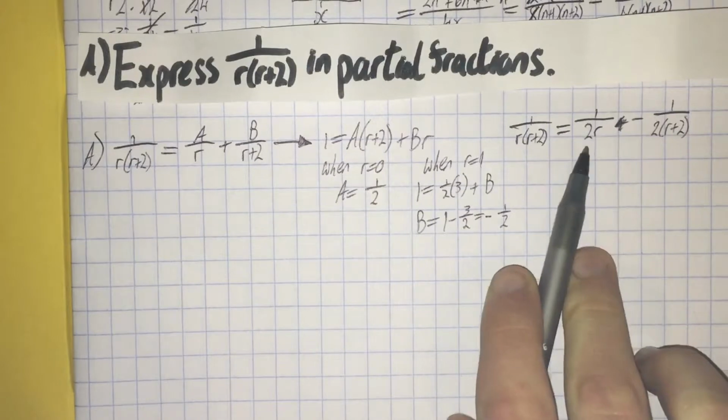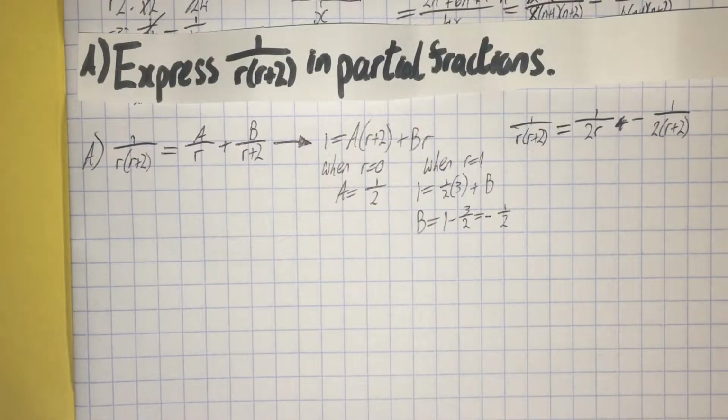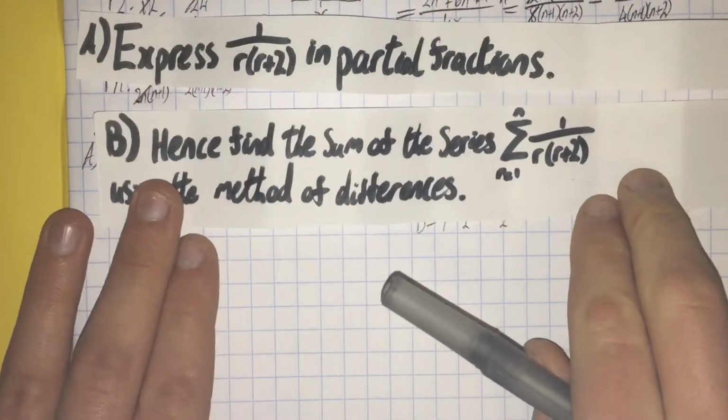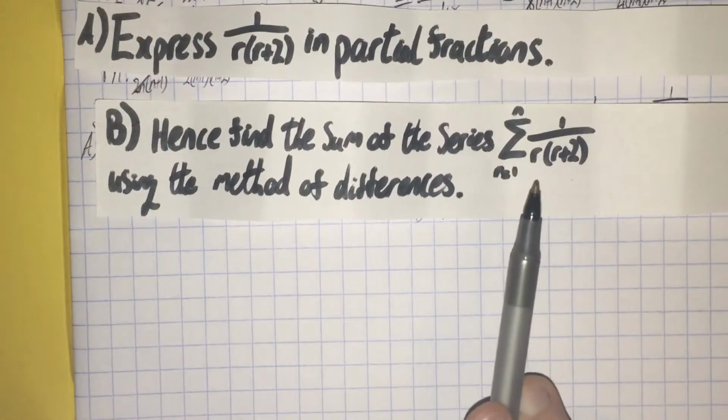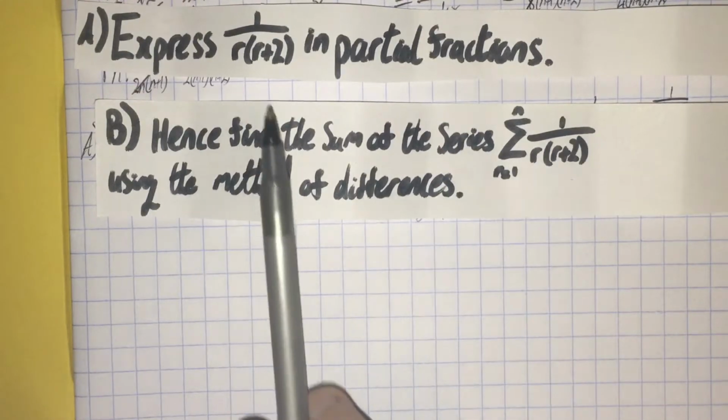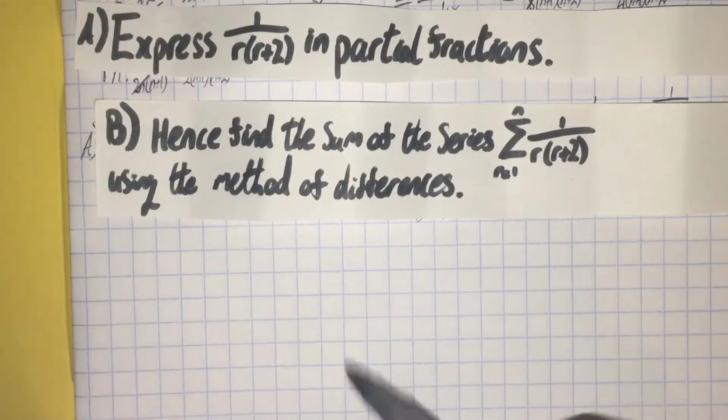And that will be important, as when we come on to part B, we must find the sum of the series of this, which we just expressed as partial fractions.